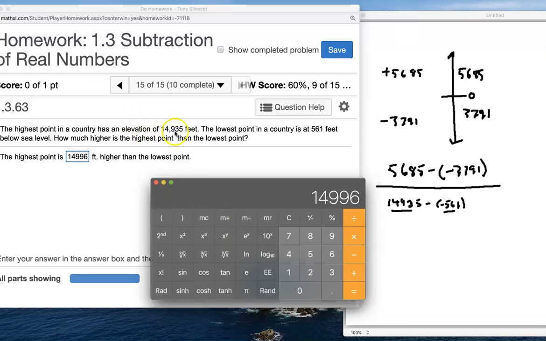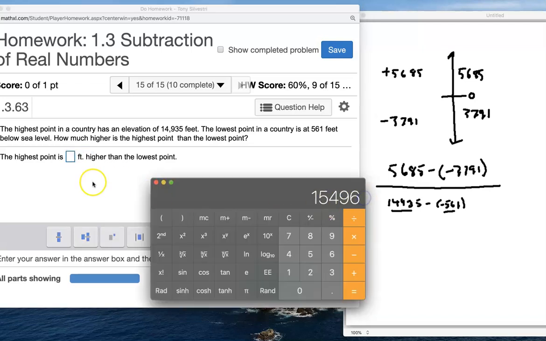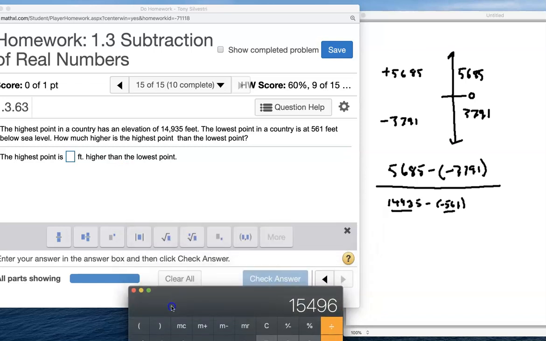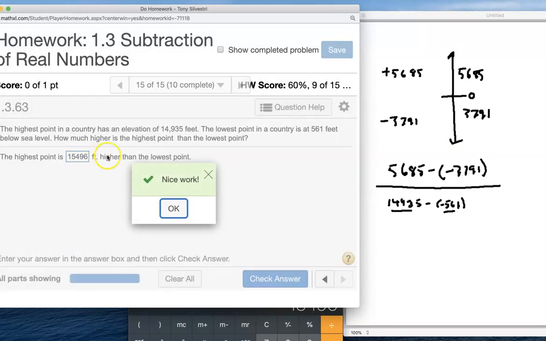Clear it. 14,935 plus 561 equals 15,496. Enter. Okay, there you go.